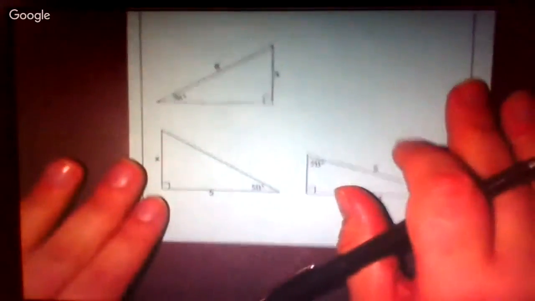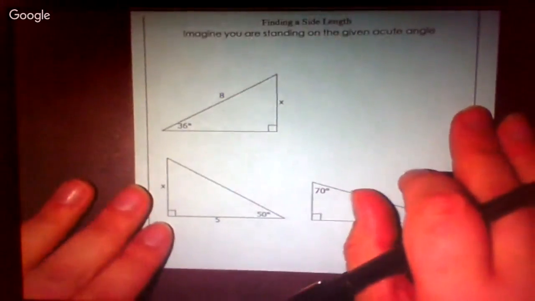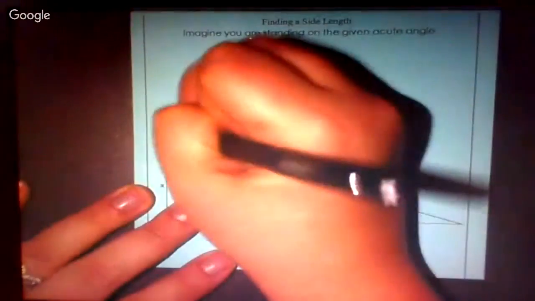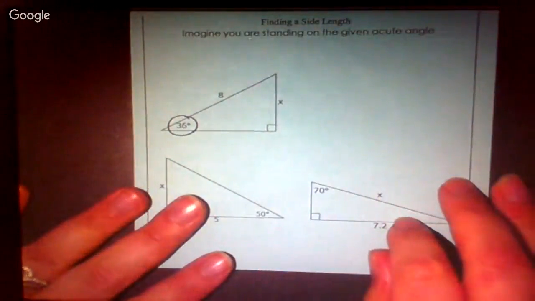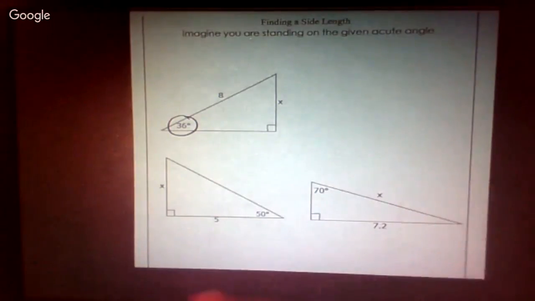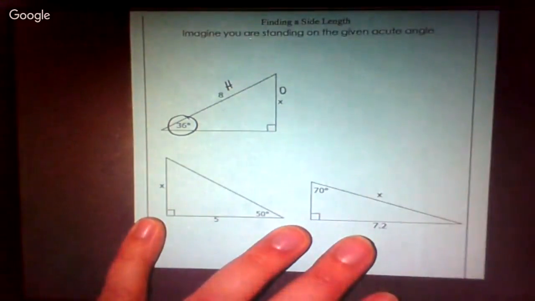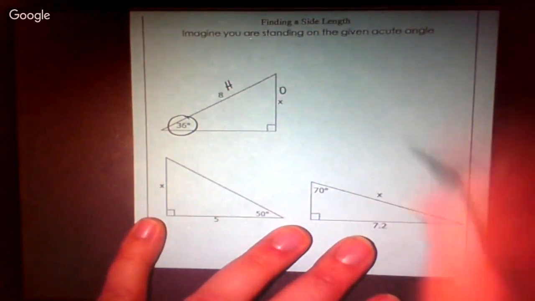Okay. So we've got this last one to do here. 36 is my reference angle here. Label my sides. We've got 8 and X. Hypotenuse and opposite. So we're using sine.